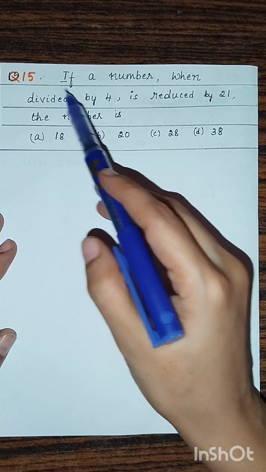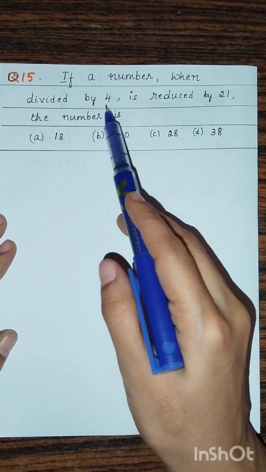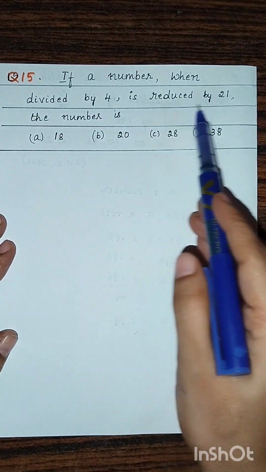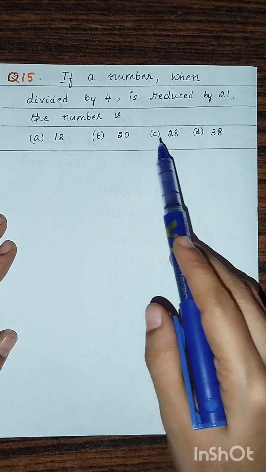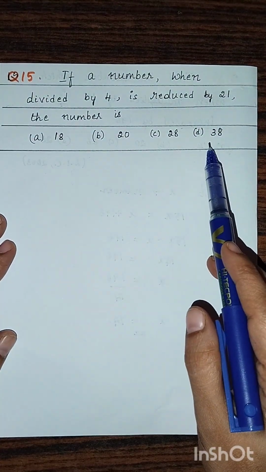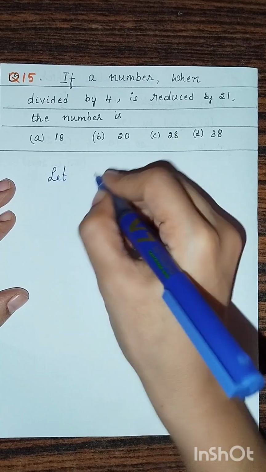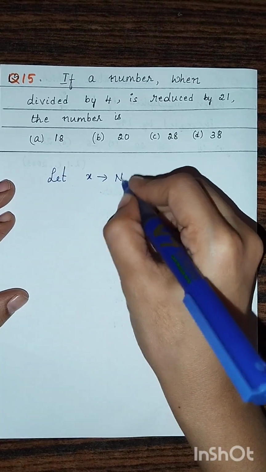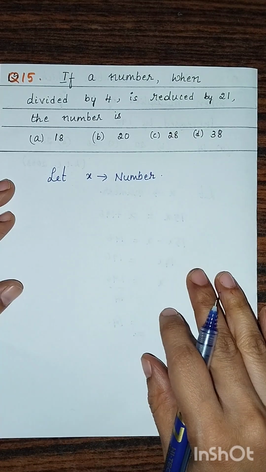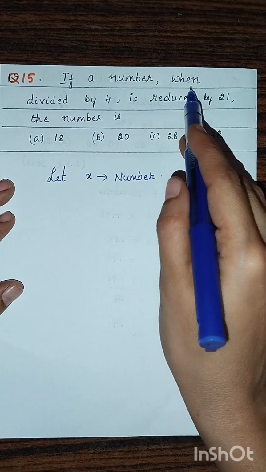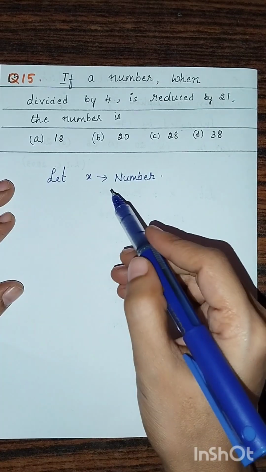Question number 15. If a number when divided by 4 is reduced by 21, the number is 18, 20, 28, 38. So let us label the number as x. So let x be the number. If a number when divided by 4, so this number is divided by 4.